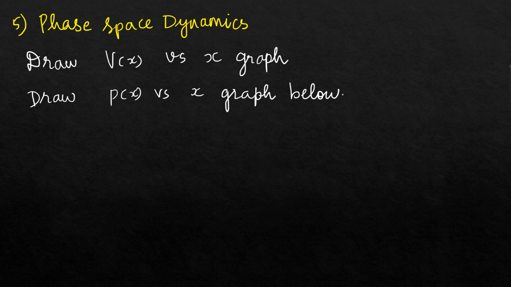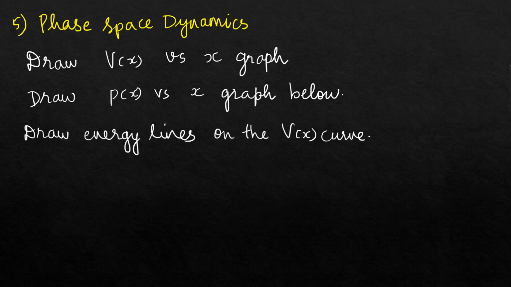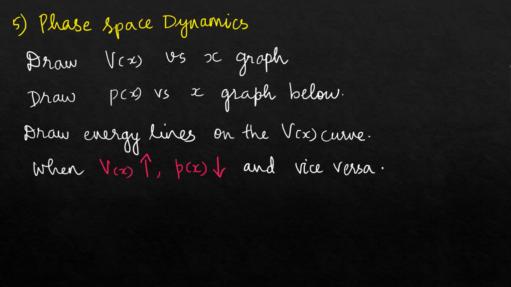For that we draw energy lines, which are nothing but parallel lines that lie on the V(x) graph. The next important thing is that whenever V(x) increases, that is the curve increases, the p(x) curve will decrease. And similarly, whenever V(x) decreases, we have to increase the p(x) curve.